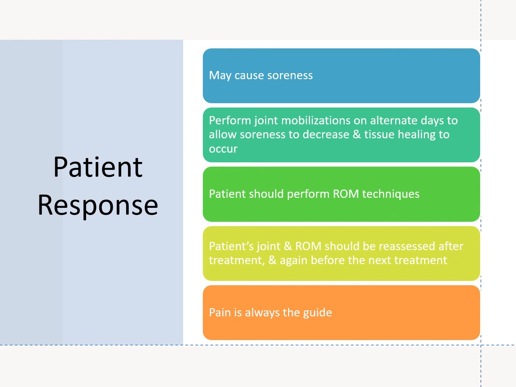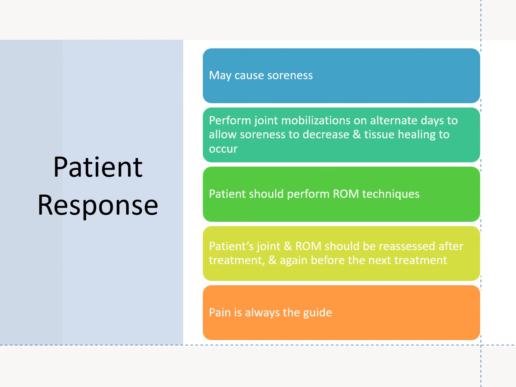Coming to patient response, what you can expect. They may have soreness. Perform joint mobilization on alternate days to allow soreness to decrease and tissue healing to occur. So if you think the patient has a lot of soreness even after cryotherapy, you can schedule your treatment on alternate days.